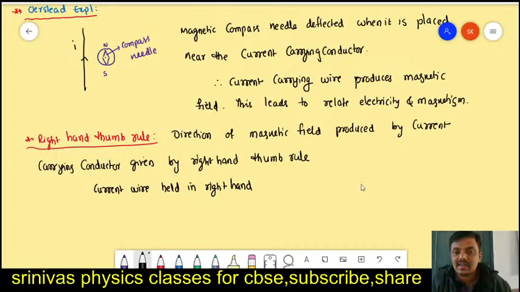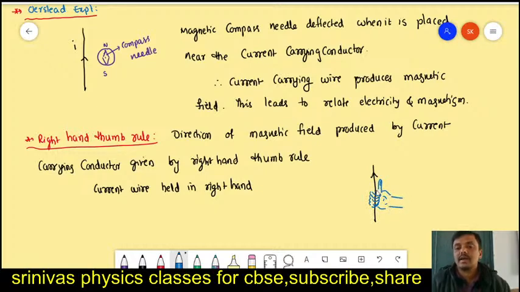You have to hold the current carrying wire with your right hand in such a way that the thumb shows the direction of the current, and the curled fingers indicate the direction of the magnetic field.